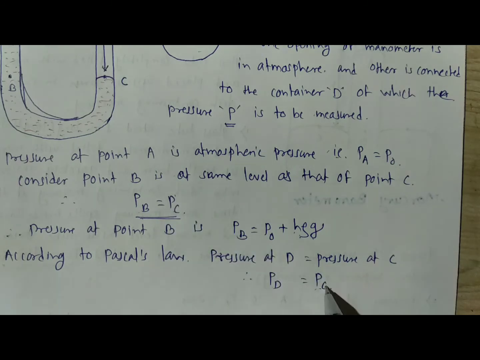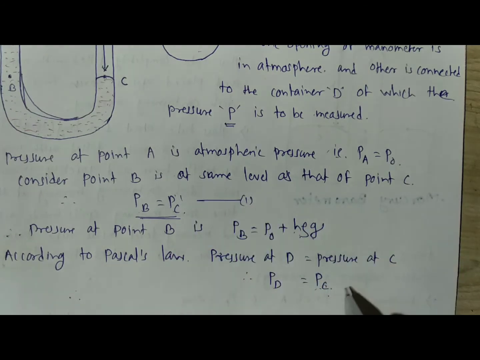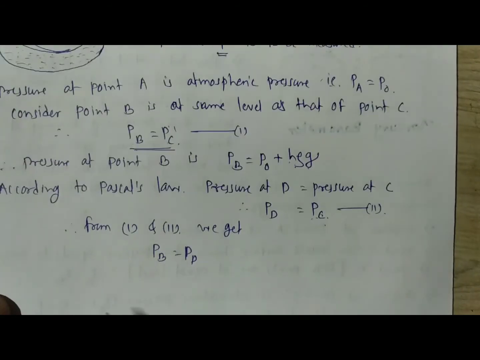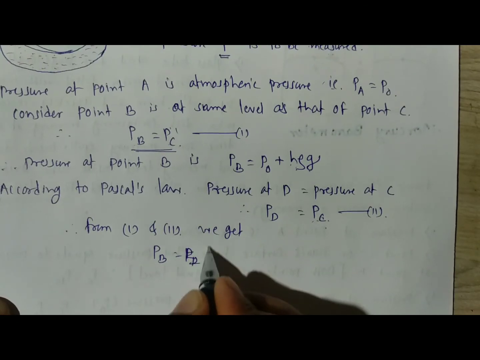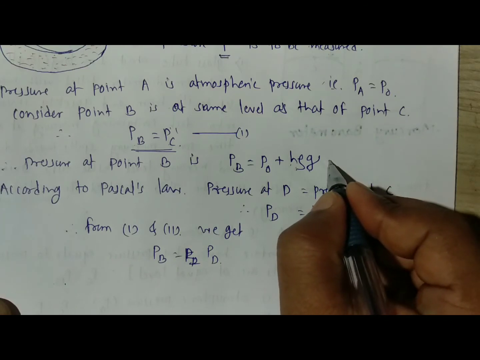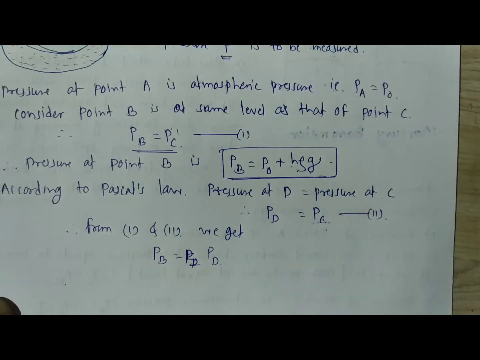Considering these as equation 1 and equation 2, from 1 and 2 we get PB is equal to PD. And therefore PB is equal to P0 plus h rho g.